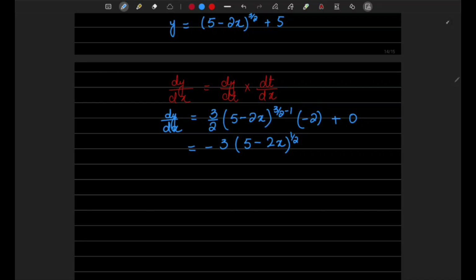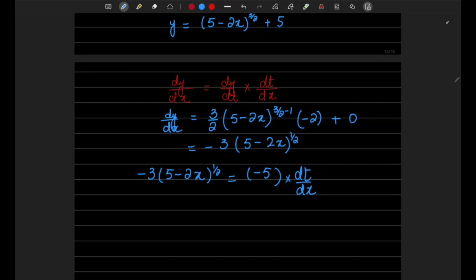Okay, we get this to be the derivative. Now substitute in each value in this chain rule. So we will get minus 3 times (5 minus 2x) to the power half equals dy over dt, which is minus 5, and dt over dx is what we need to find.